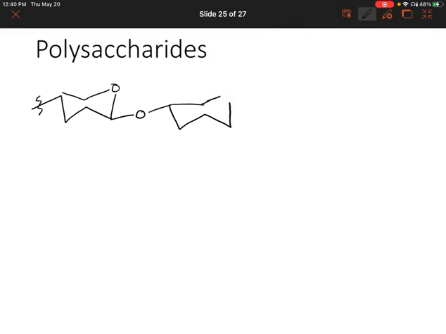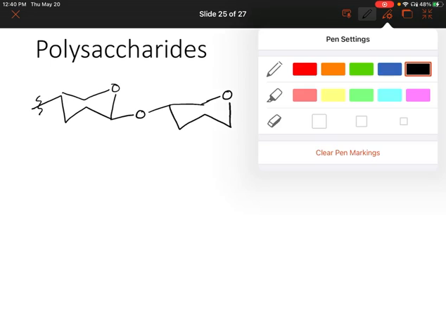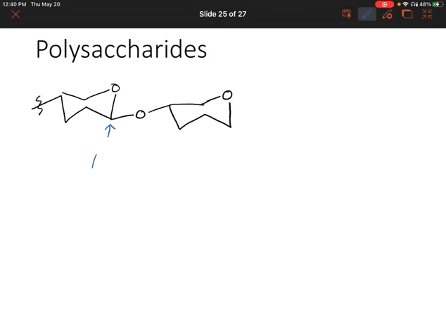But instead of an alpha bond at the anomeric carbon, we have a beta configuration there. So it's pointing up instead of down, and that will be true for all of these chains here. So that just keeps going, and if you connect enough of them, you can create really useful structural chains.